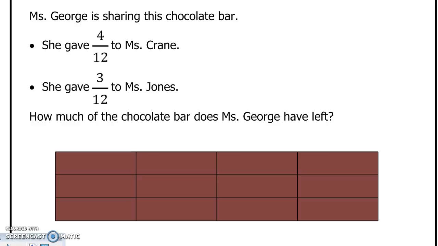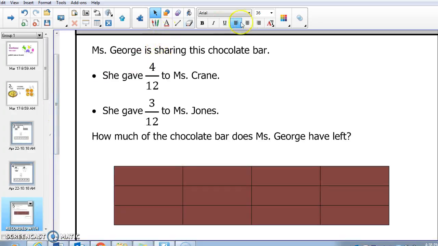So think about it. Are we going to be adding or subtracting if it says have left? Good. We're going to be subtracting. So let's see her chocolate bar here.